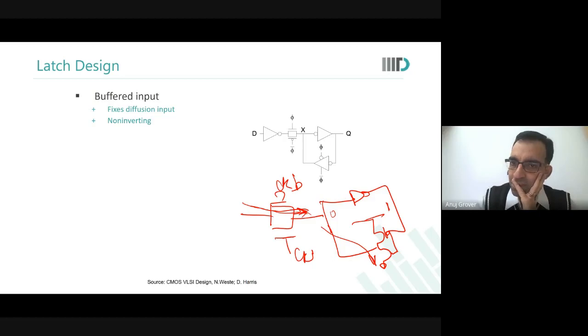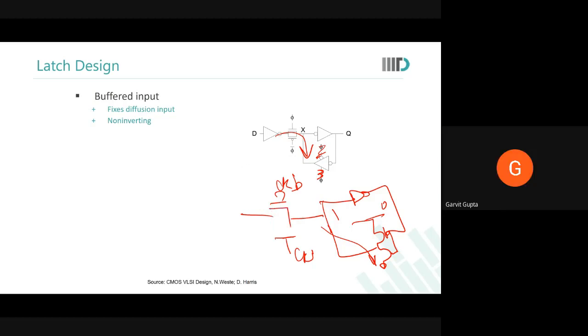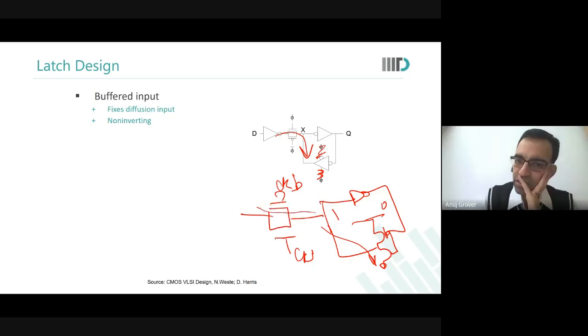So if you do not have this as a tri-state and you have this as a simple inverter, this inverter will not let you write new data into the latch. Let us consider the opposite case. This was 1, this was 0, and you wanted to discharge the 1. Now, as you want to discharge the 1, this PMOS continues to give you more and more current. And it will not let you discharge 1.